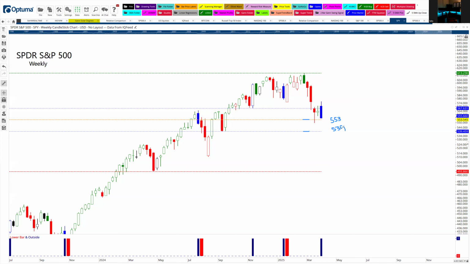And to turn it into a butterfly, 553 versus 539, there are 14 points between these two prices, right? So you can just buy something 7 points higher. 539 minus 7 will be 546.